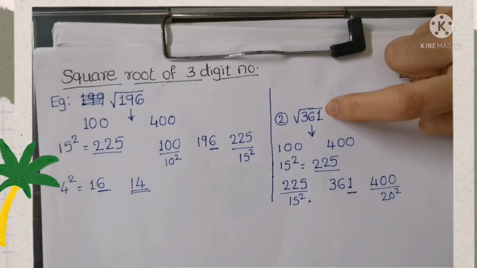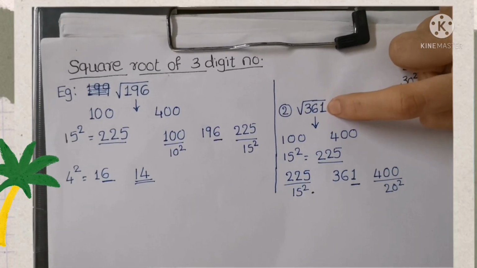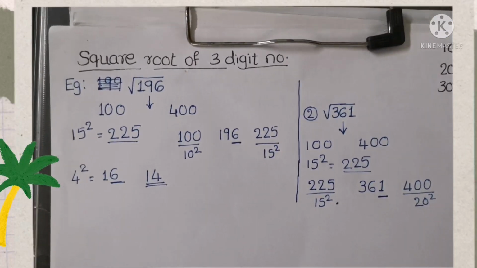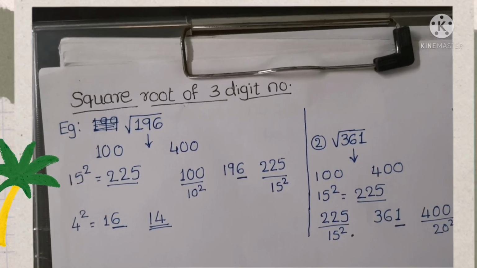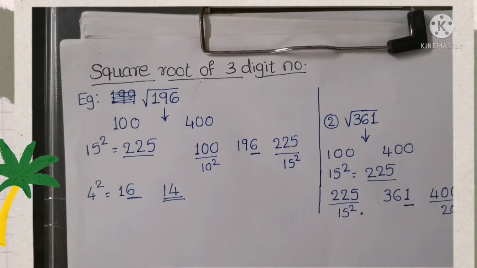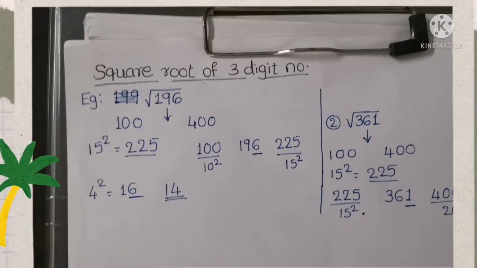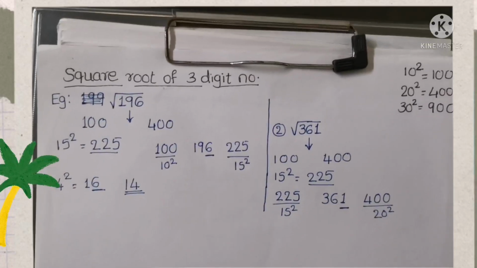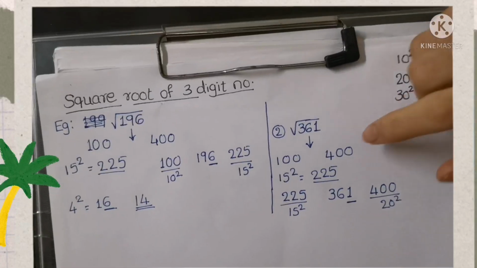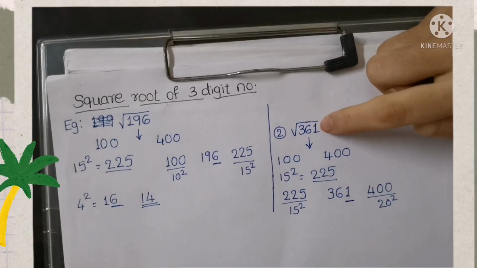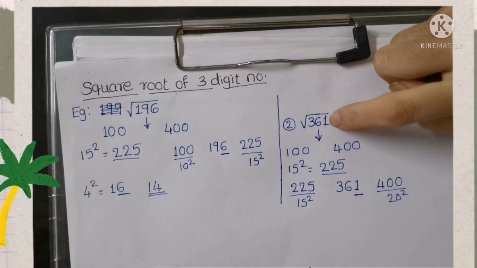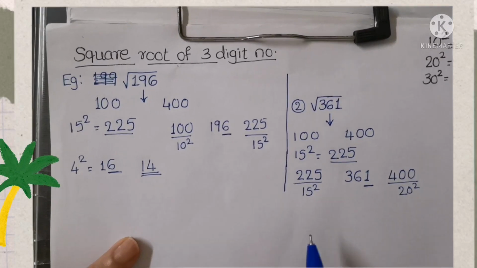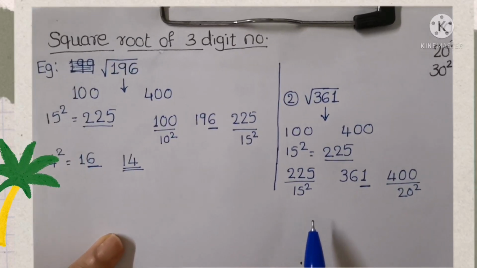Why? Because firstly we found the range of the number. Our number is 361, which lies between the square of 15 and 20. The square of 15 is 225 and the square of 20 is 400. Our step number 2 is that we have to see the last digit, or the units place digit, of the number.